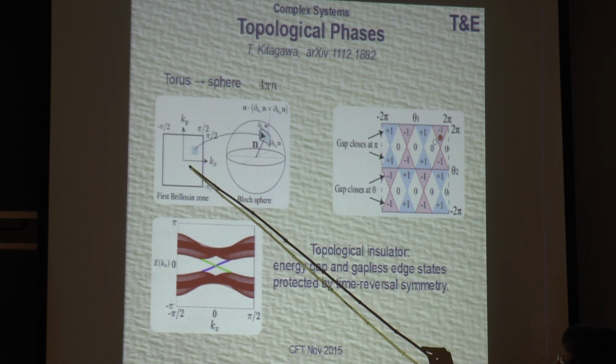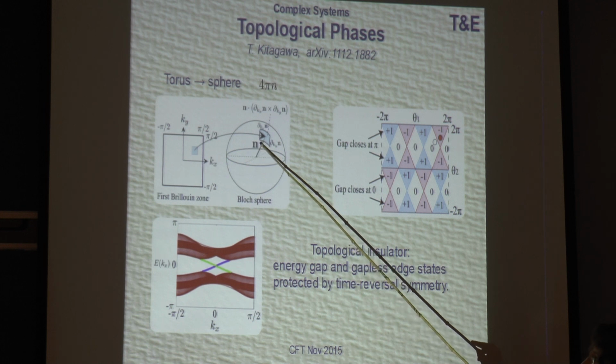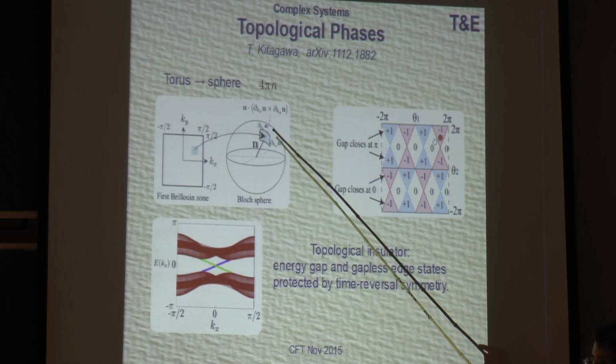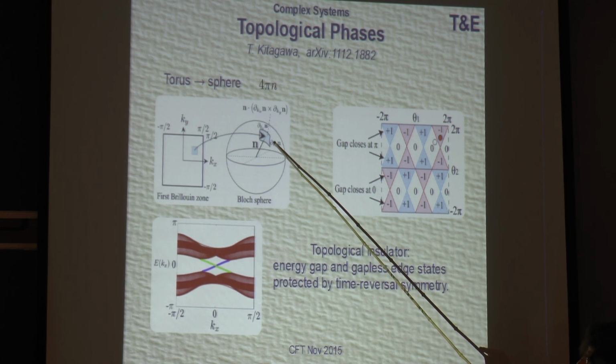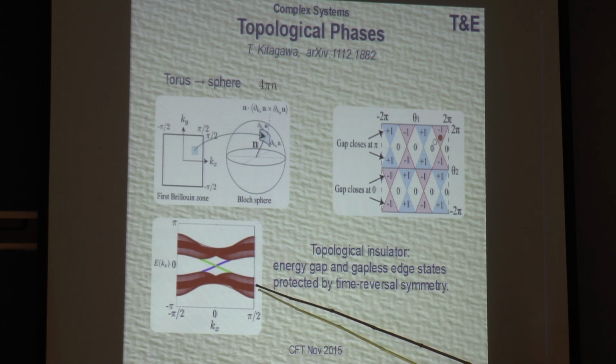But if we want to map the whole torus, it will turn out that we will wrap the sphere a few integer number of times. This integer number of times corresponds to the Chern number. And in this way, the energy spectrum of a topological insulator has been restored, exhibiting the gapless edge states.